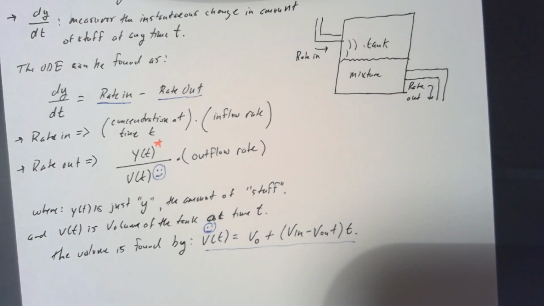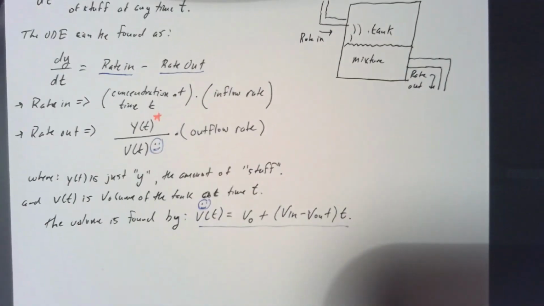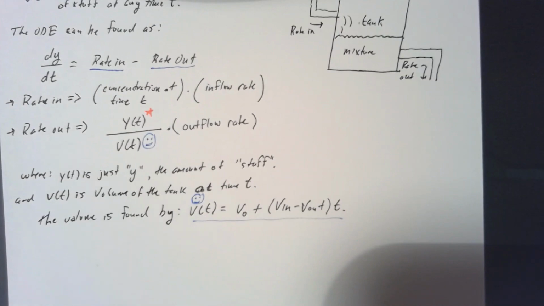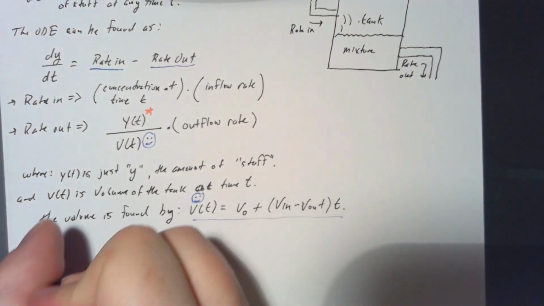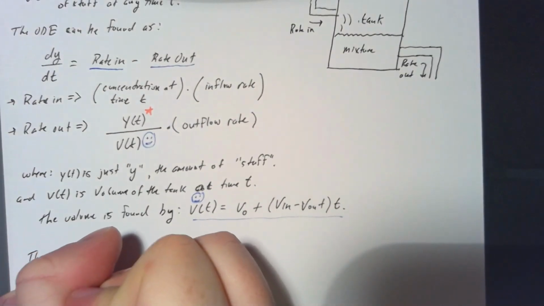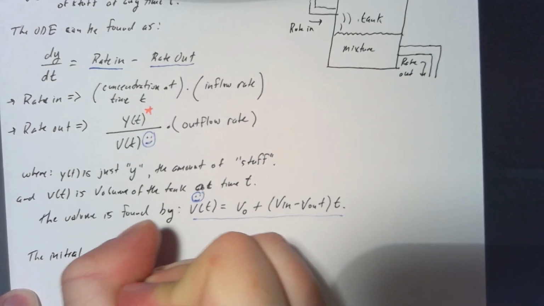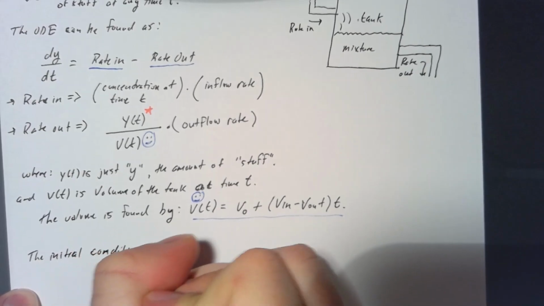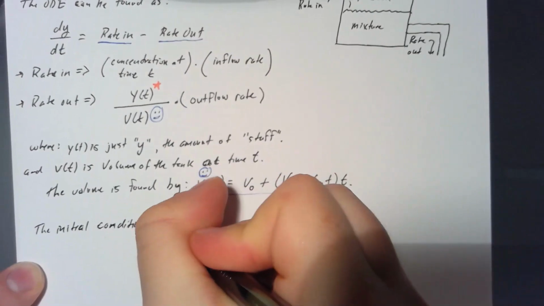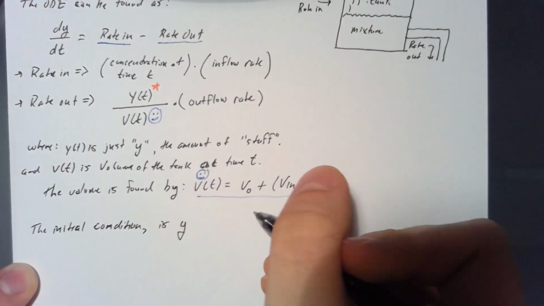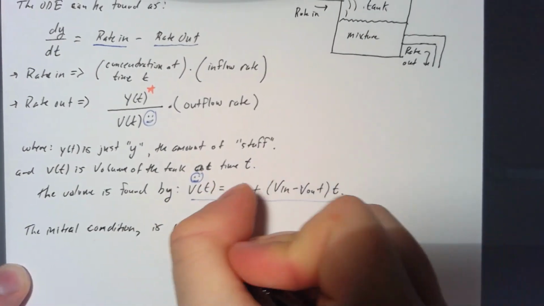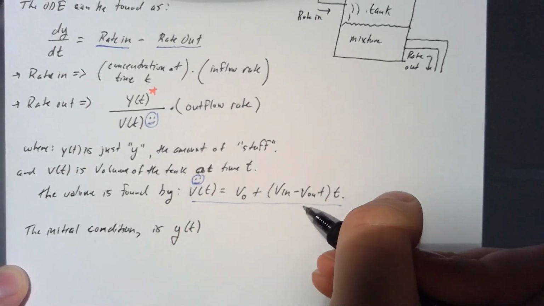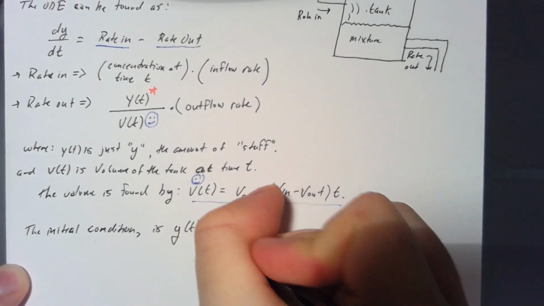So once we find this, then we just need an initial condition. So then the initial condition is y, since y is a measure of stuff.